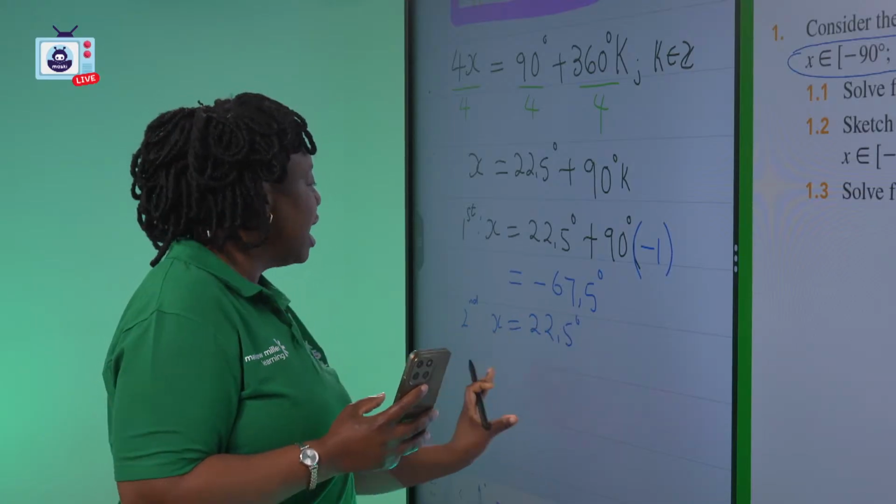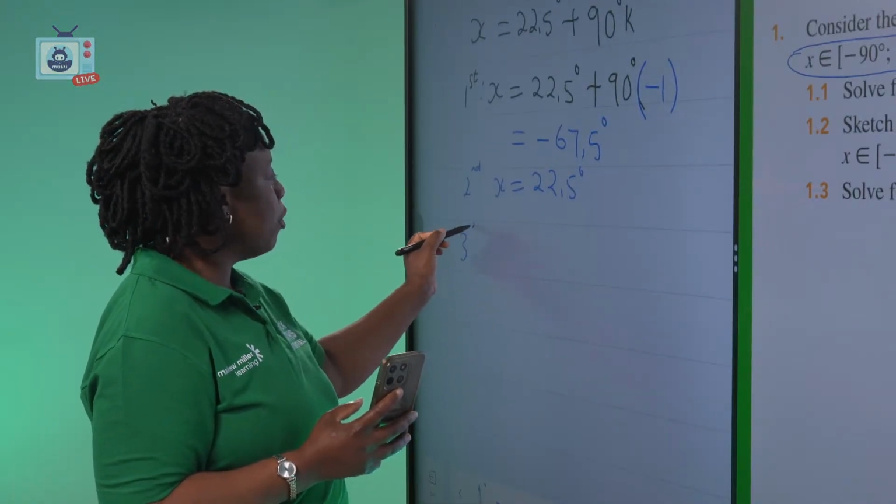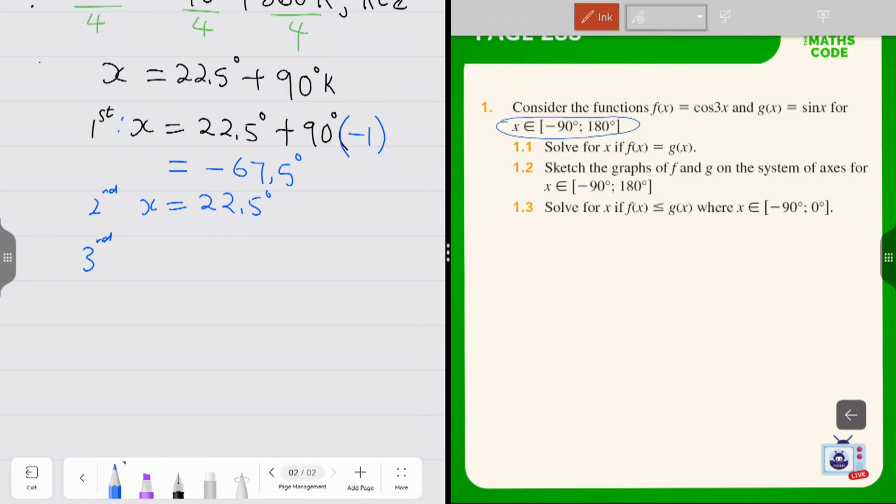Then if you put 1 instead of k, you will get 112.5 degrees. So that is your third one, and then you keep on doing that. Let's see, if I put 2, what is going on?